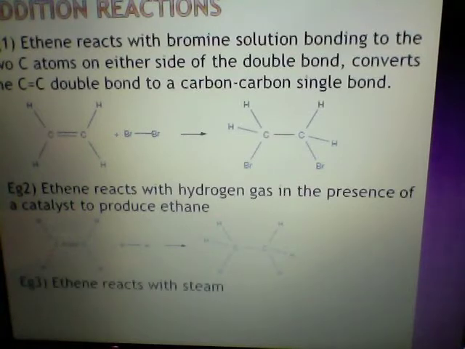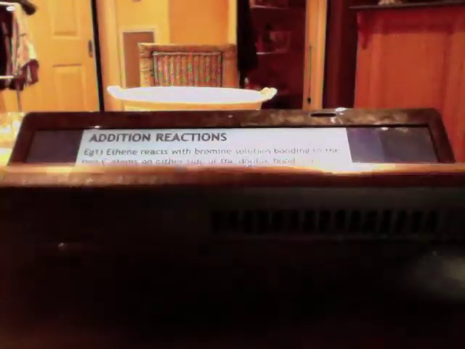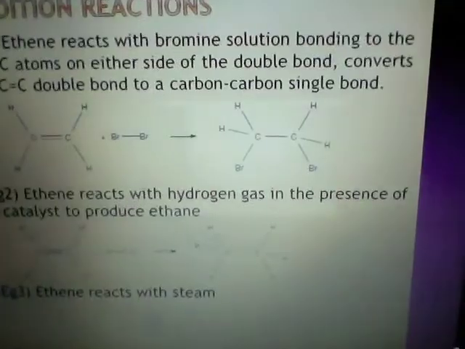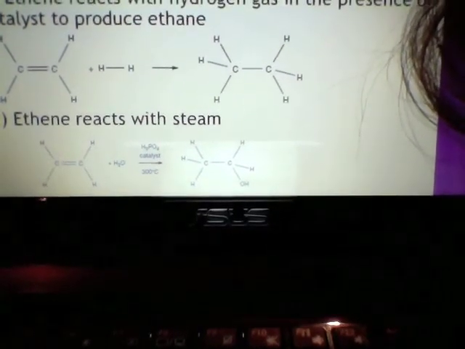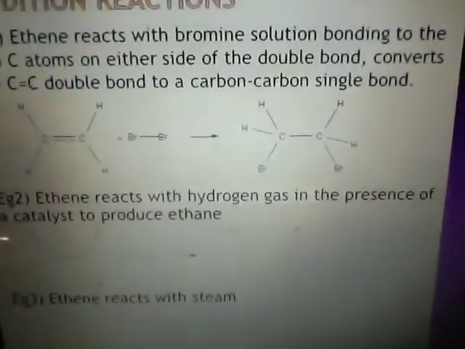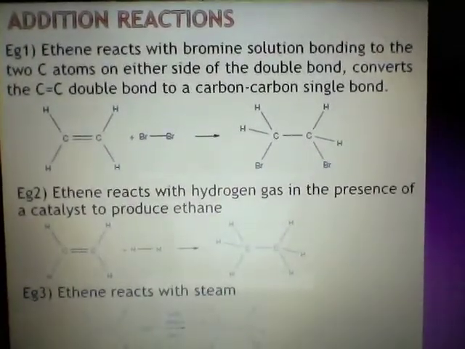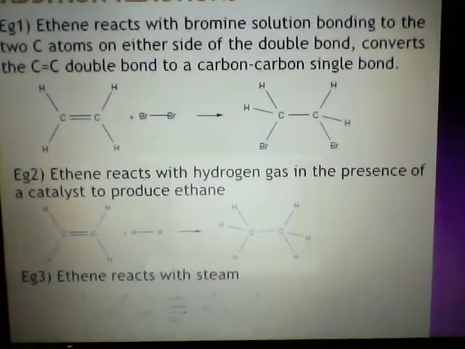Ethene can also react with steam, but have a look at the reaction conditions that are needed for that to occur. I don't know if you can see that. H3PO4 and a catalyst at 300 degrees Celsius. So it's pretty specific reaction conditions. So I want you to write those down as other examples.